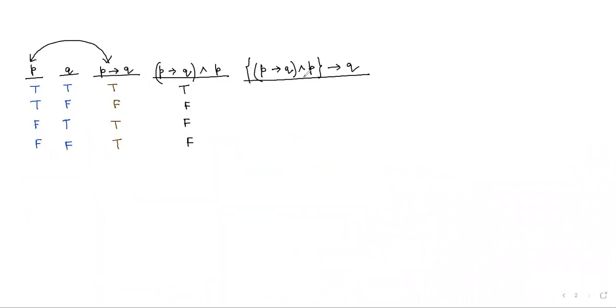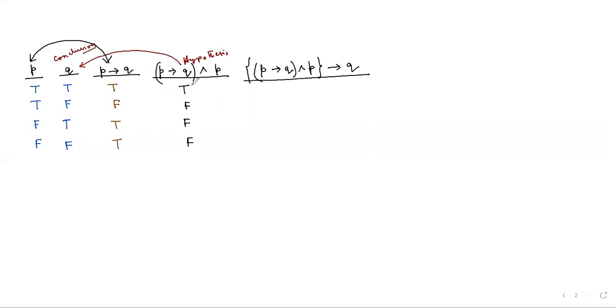Now you see, for this you need to consider, remember, this particular column, which is your hypothesis column, with this one. So this is your hypothesis column, and this is your conclusion column.